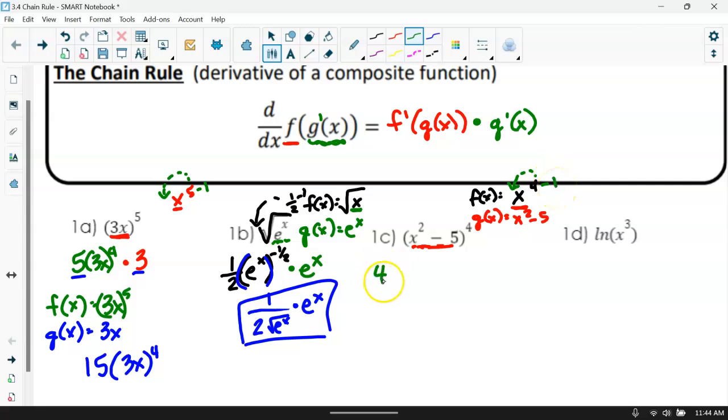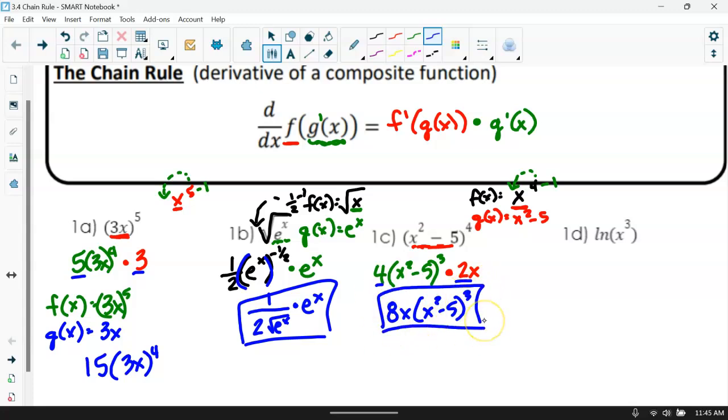So this is 4, but not x. Our x is x squared minus 5 to the third power from subtracting 1. Then times the derivative of our inside g of x function, 2x. Then notice here, 4 times 2x is 8x times x squared minus 5 to the third power.